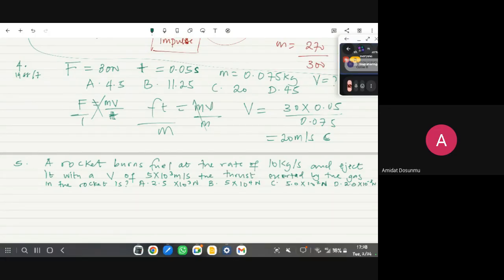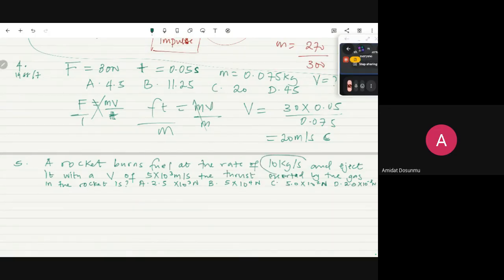Now, this 10 kilograms per second, if you look at F equals mv over t, the mass and the time has been given, and you have the velocity. So just do F equals 10 times 5 times 10 raised to the power 3.